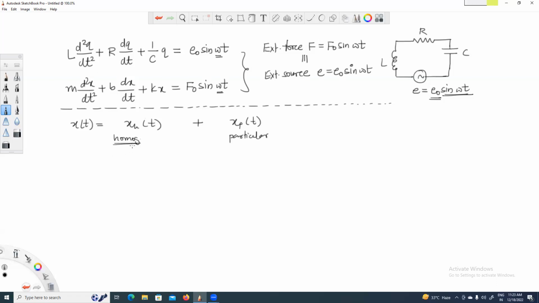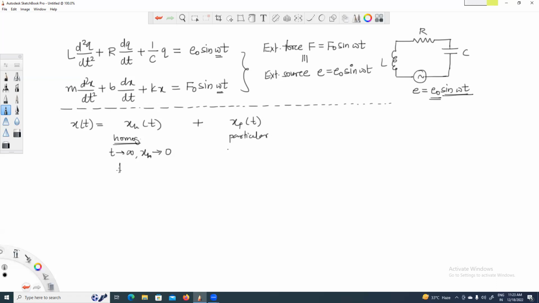And this will be kind of our damped oscillations, which as t tends to infinity, our xh will vanish or decay out or die out, right? So as t tends to infinity, this is approaching zero. So eventually, with respect to time, this homogeneous solution is going to die out. And what remains is this.